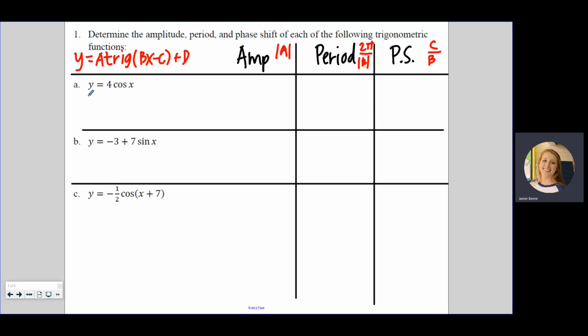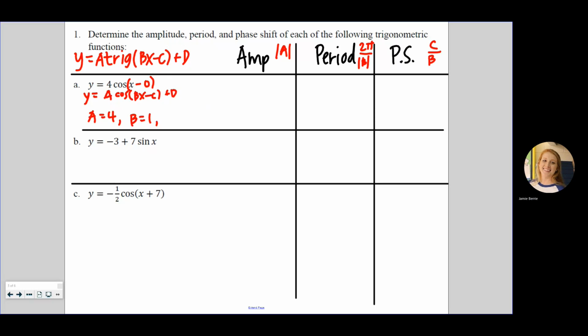So you look at your trig function. Here we have y equals a times, here we're doing cosine of bx minus c plus d. And then you can identify what is a, what is b, what is c. So you can see that in this example, a is 4, and then b would be just 1. And c is 0. If you put this in parentheses, we would have x minus 0.